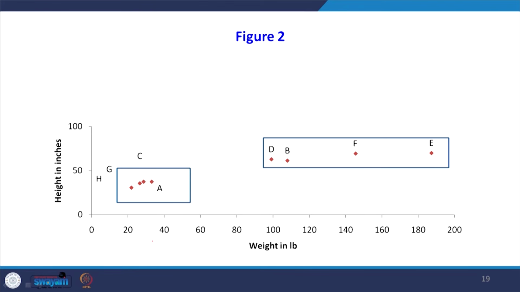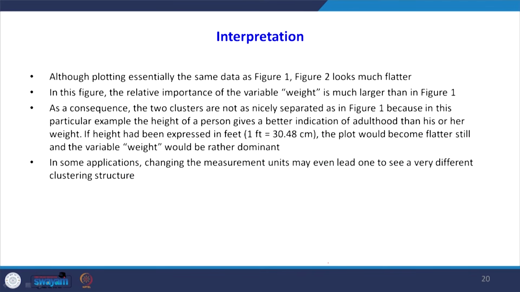So the point I am saying here is that the unit of the data may bring out different clusters. What is the interpretation? Although plotting essentially the same data as figure 1, figure 2 looks much flatter. In this figure, the relative importance of the variable weight is much larger than in figure 1.